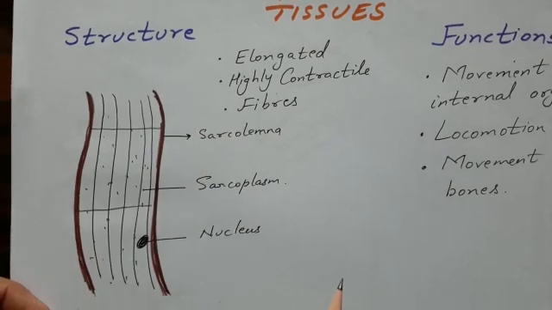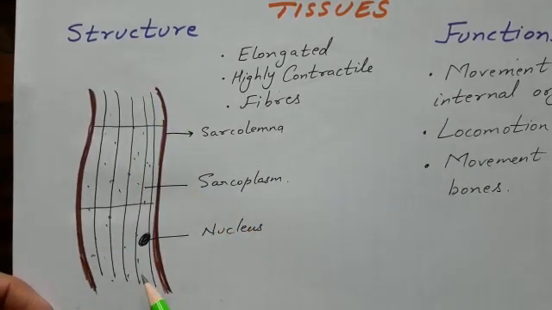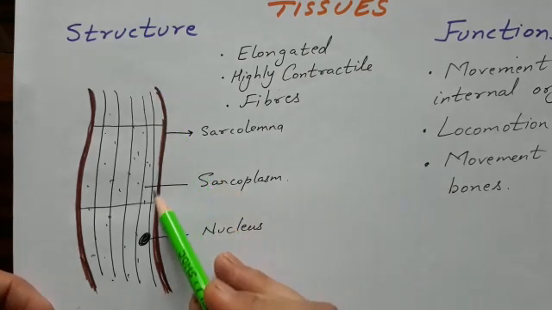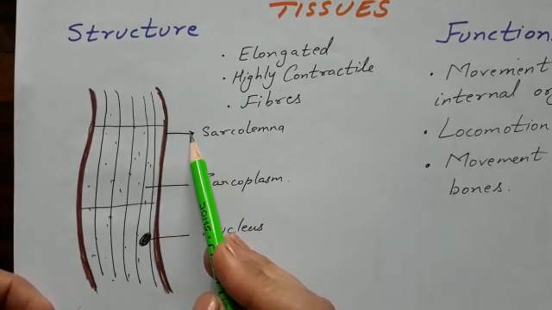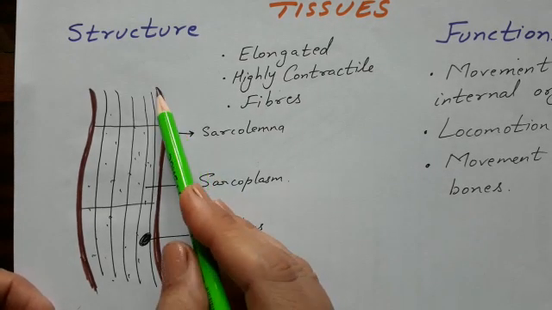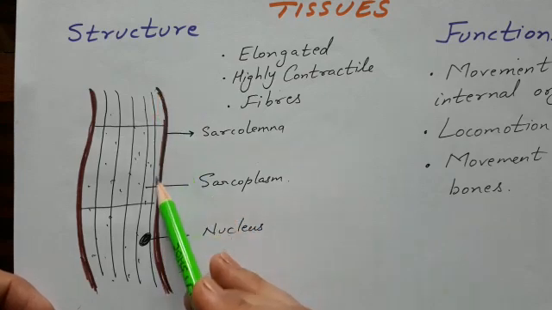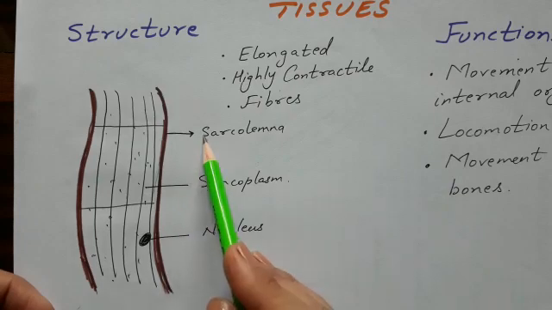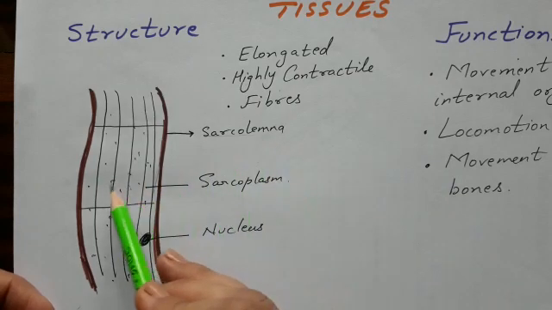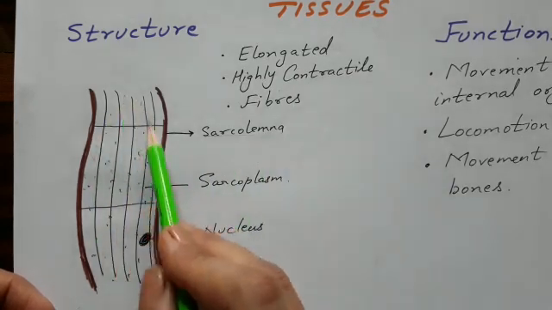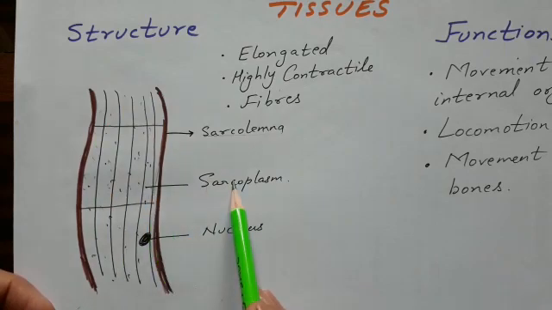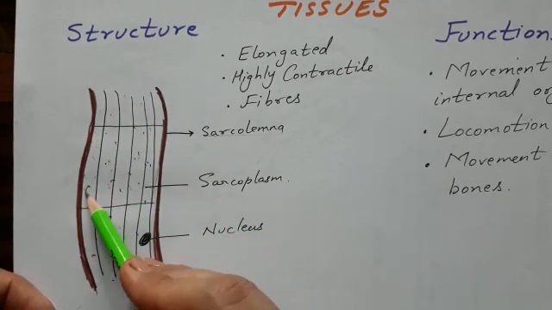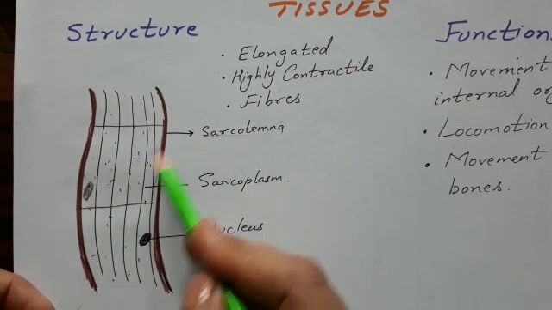If we see the structure of a muscle cell, the muscle cell is made up of an outer covering which is known as sarcolemma. Like we have the plasma membrane in a cell, in a muscle cell the outermost covering is known as sarcolemma. Then there is a fluid like substance which is known as sarcoplasm, and then they have a nucleus.